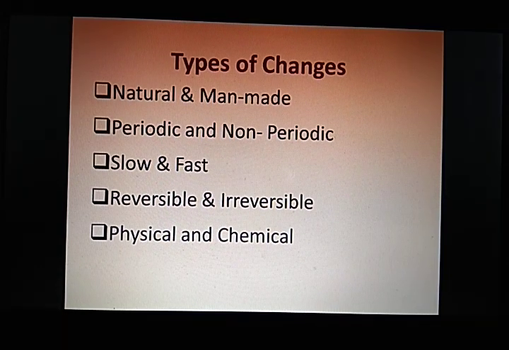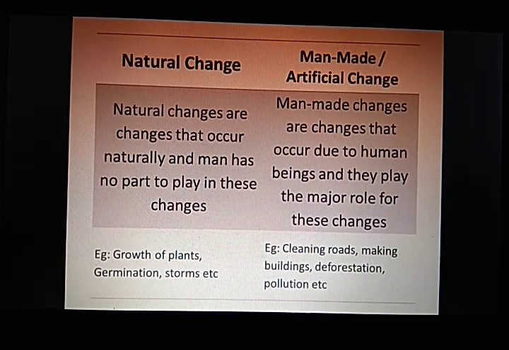So now let us start to discuss all these 5 different changes in a more elaborate and detailed manner. First I will come to natural change and man-made change.